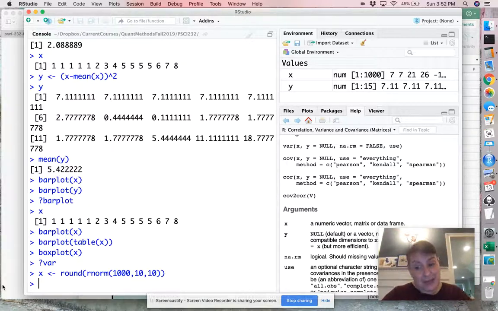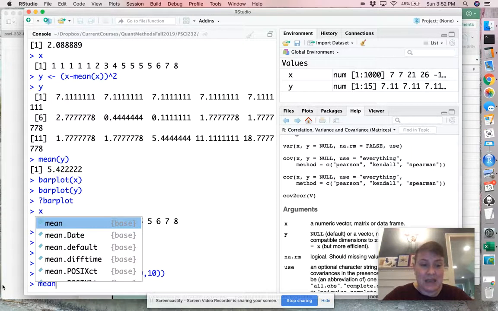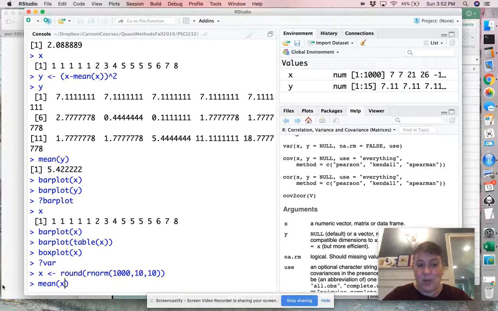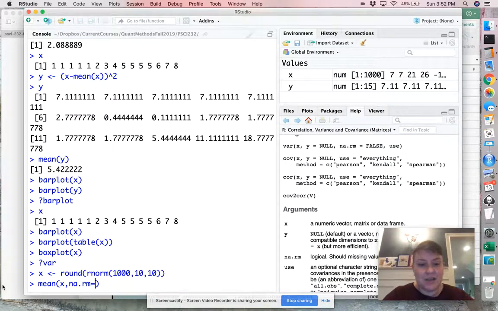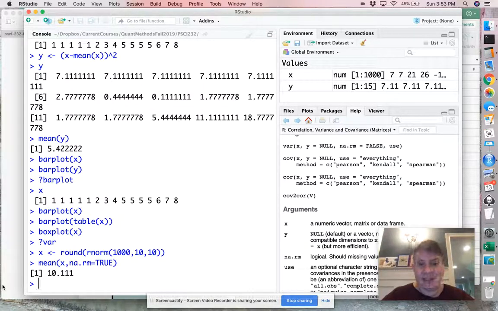Recall that mean is a function: first you say what you want it to take the mean of, in this case x, and then you're always going to say na.rm equals TRUE. Remember to do TRUE in big letters. Yes, a mean of 10.111. That's super close. Yay.